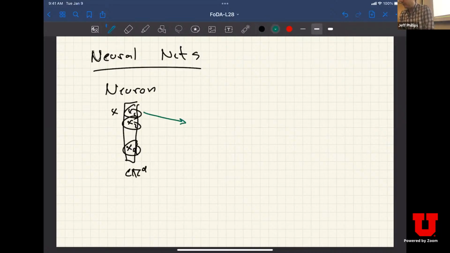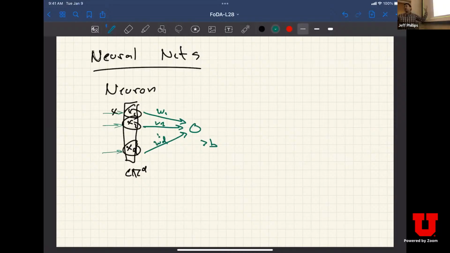What it does is it pumps all these to a value, and each of these gets a weight, w1 up to wd, so values are coming in at every element of the vector.